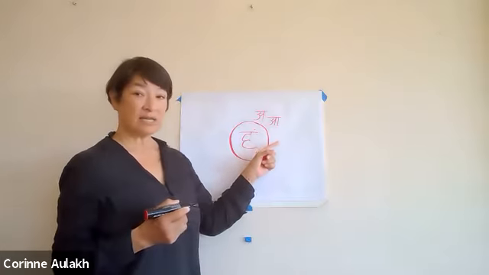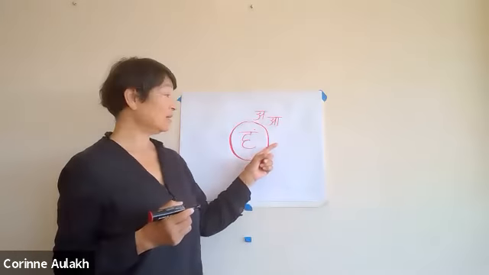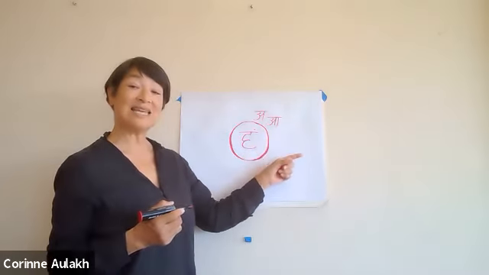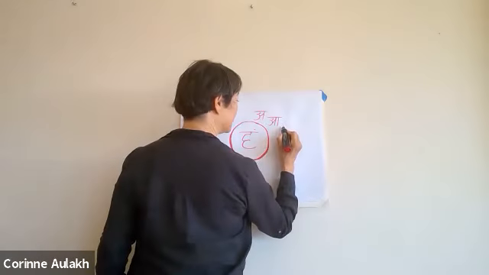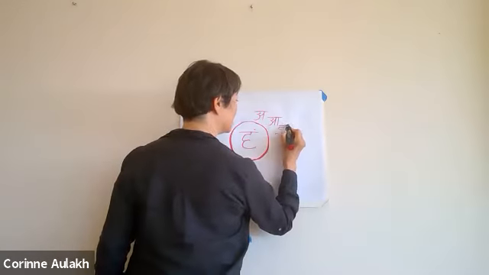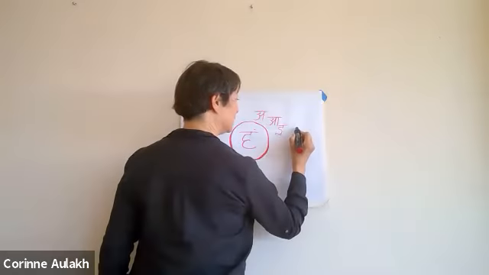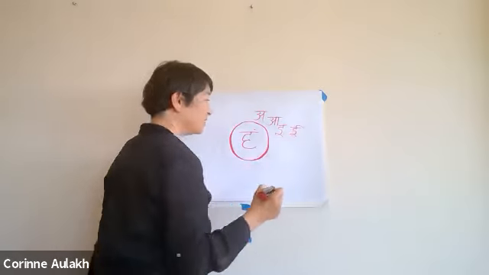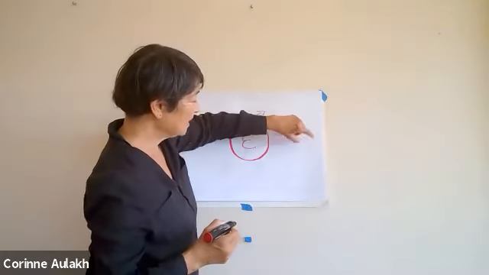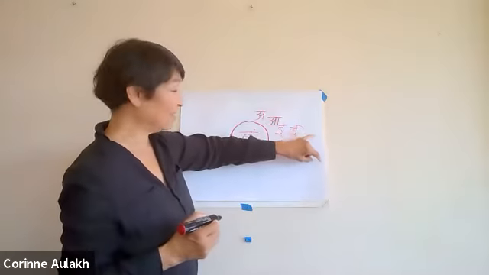Next letter is in English what we would call I. Short sound and long E. This is how we write it. Notice this. This is the E sound.